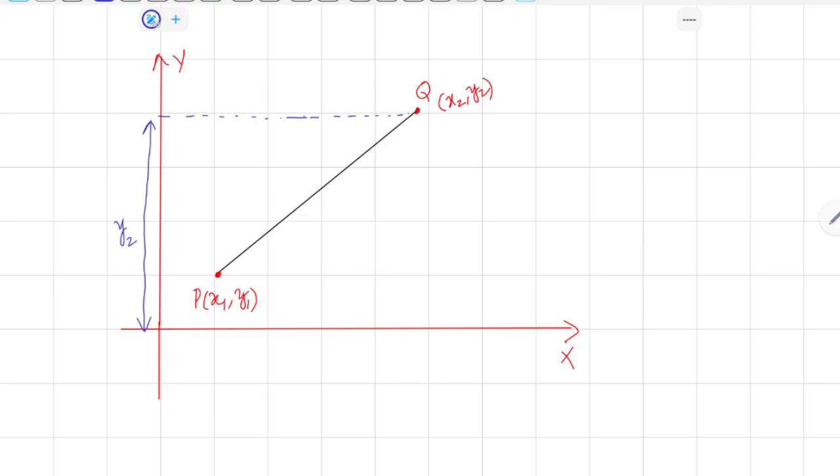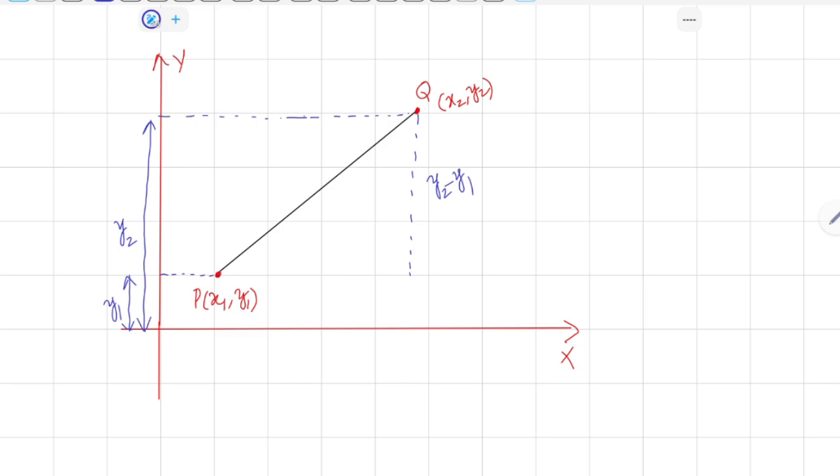When you drop another perpendicular from P to the y-axis, this distance will be y1. So it clearly shows that this distance, which is a perpendicular distance, has a length of y2 minus y1.